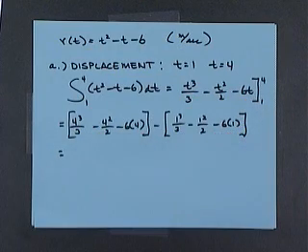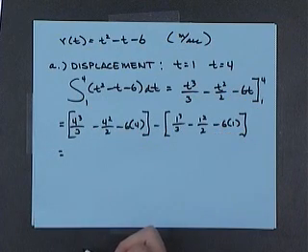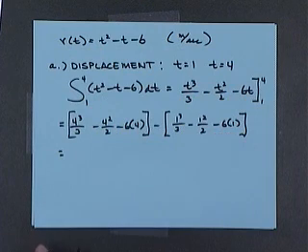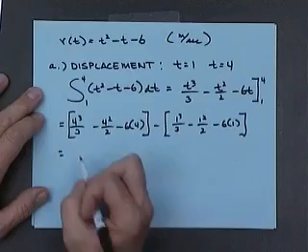So there's our arithmetic. If we get a positive, what does that mean? The net change says its final resting place is right of where it started. If we end up with a negative, its final resting place is left of where it started.